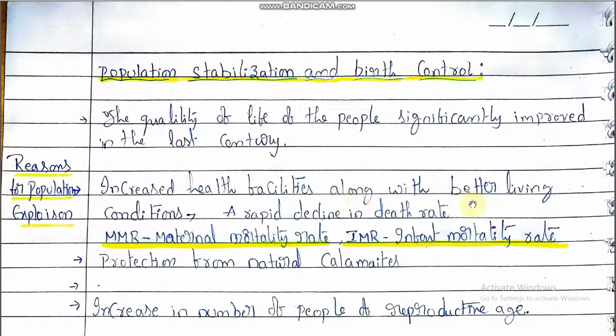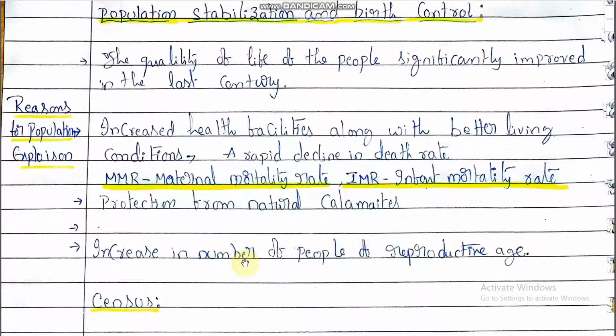Increased health facilities along with better living conditions, a rapid decline in death rate, that is MMR and IMR decreased, the protection from natural calamities like cyclones and earthquakes because advanced techniques were developed, and an increase in the number of people of reproductive age.